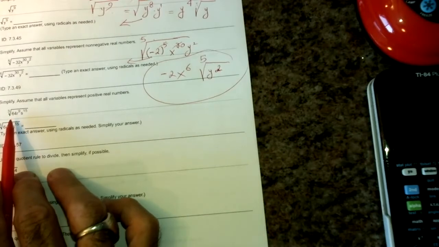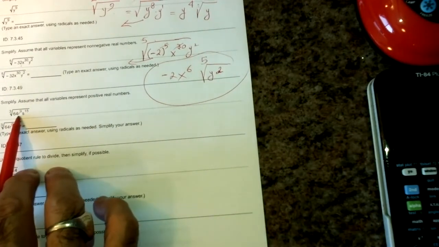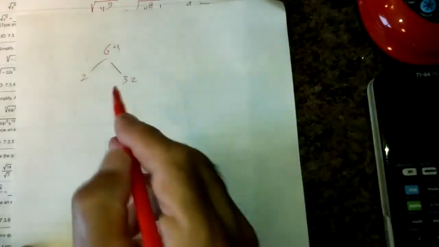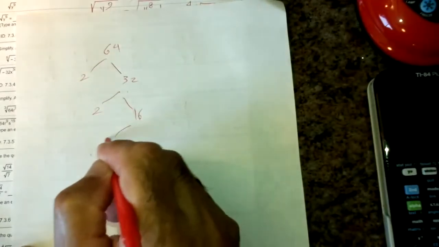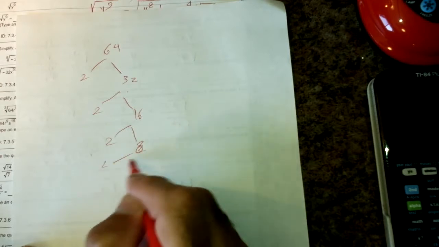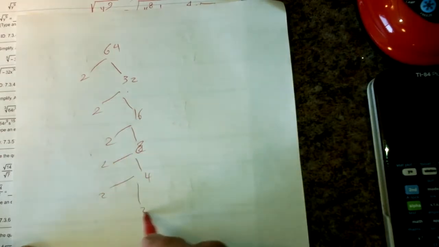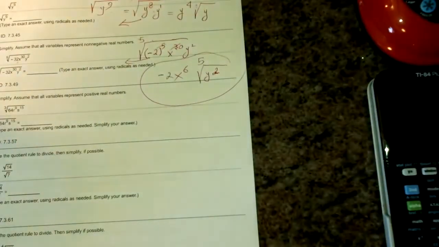Same thing here. 64. Again, remember 64 when you divide it by 2 is this, right? And we talked about 32 being 2 to the power of 5. See, you keep dividing. So 64 is 2 to the power of 6.